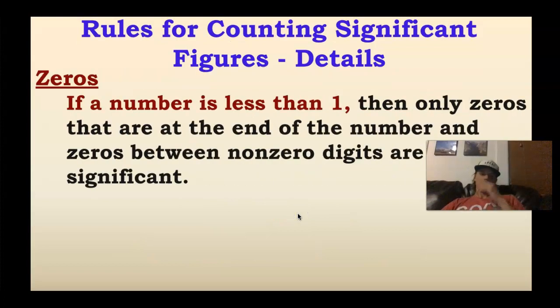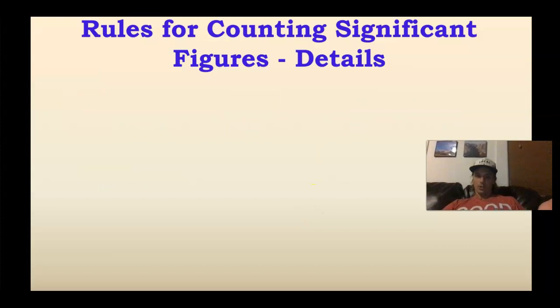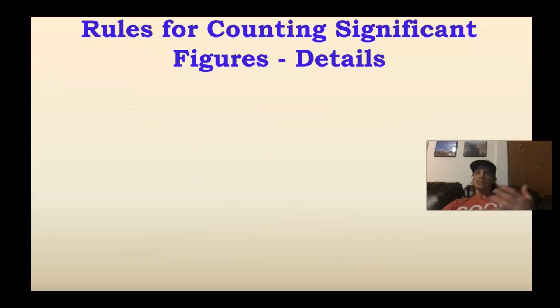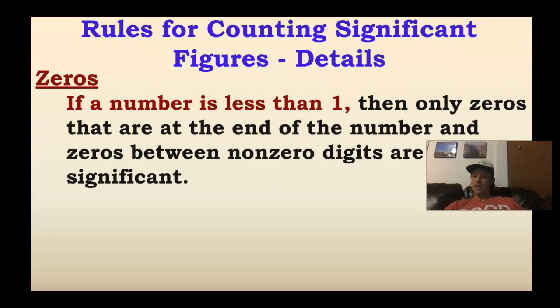If a number is less than 1, so that is the rules. These last couple are kind of repetitive, but hopefully answer some questions that you may come across. If a number is less than 1, then only zeros at the end of the number are significant. This is kind of saying the same thing as leading zeros are not significant.